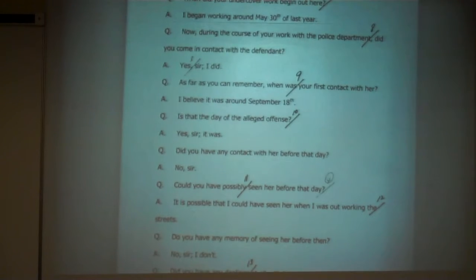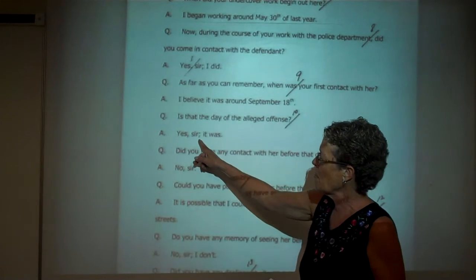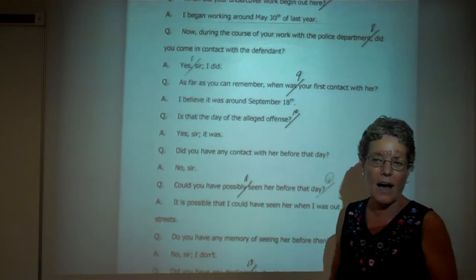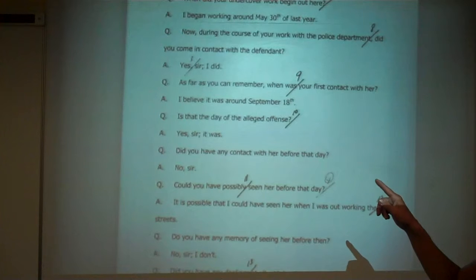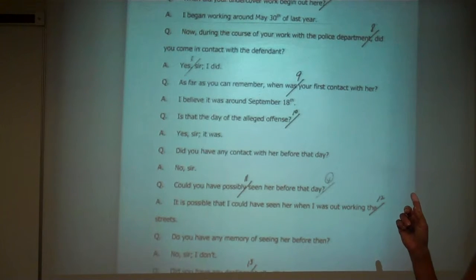Now, as far as this semicolon here, I think a comma would suffice as well, don't you think, Grant? I think a comma actually would be better because you don't need such a hard break in there. So you could go, yes, comma, sir, comma, it was, period. Any other questions on the second page? Let's see.